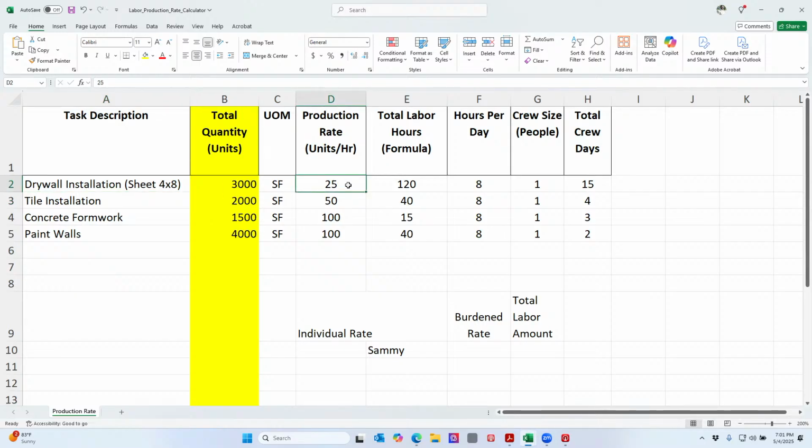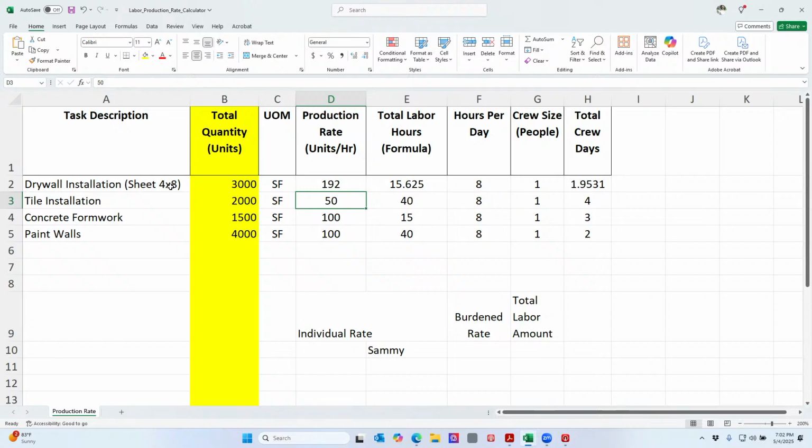So I would take my 6 times 32, because 32 is the size of my sheet. Okay, so I have 6 sheets I can do in an hour, every 10 minutes, times the 32 square feet that's in the sheet. So now that tells me I can do 192 square feet per hour.